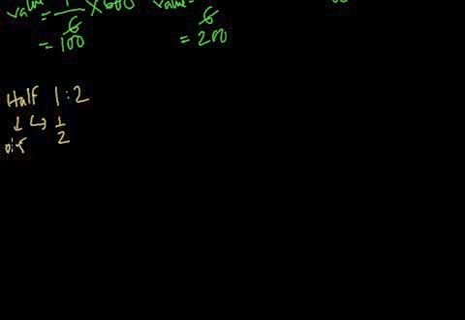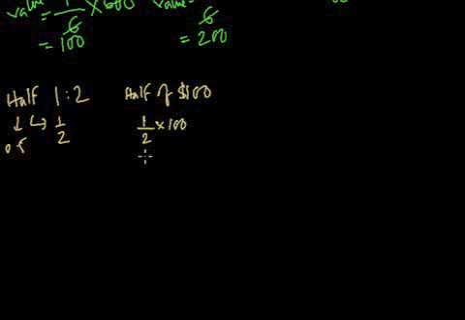Ratio can be expressed as a fraction and also as a decimal. So if someone says someone is getting half of something, we always multiply. So if someone gets half of $100, the value is going to be 1/2 into $100, and that is obviously going to be 50.